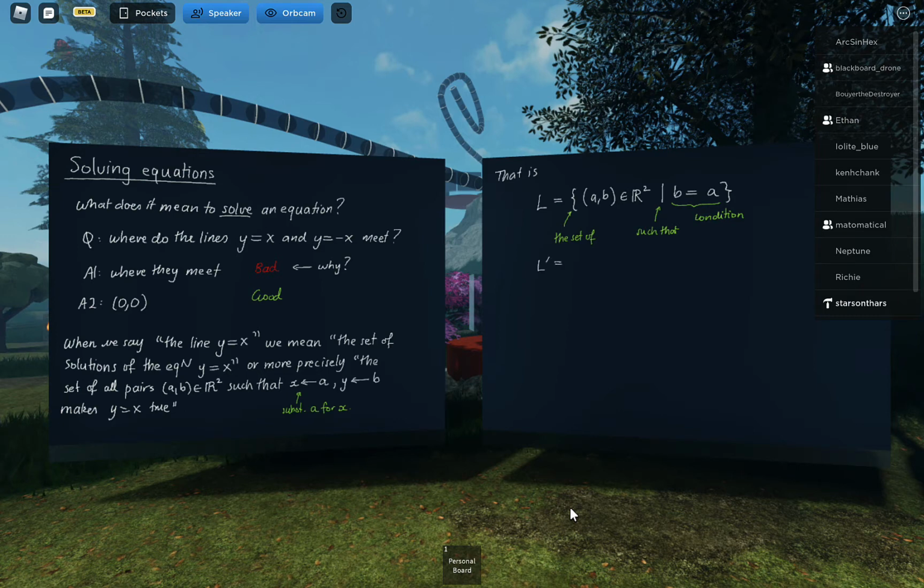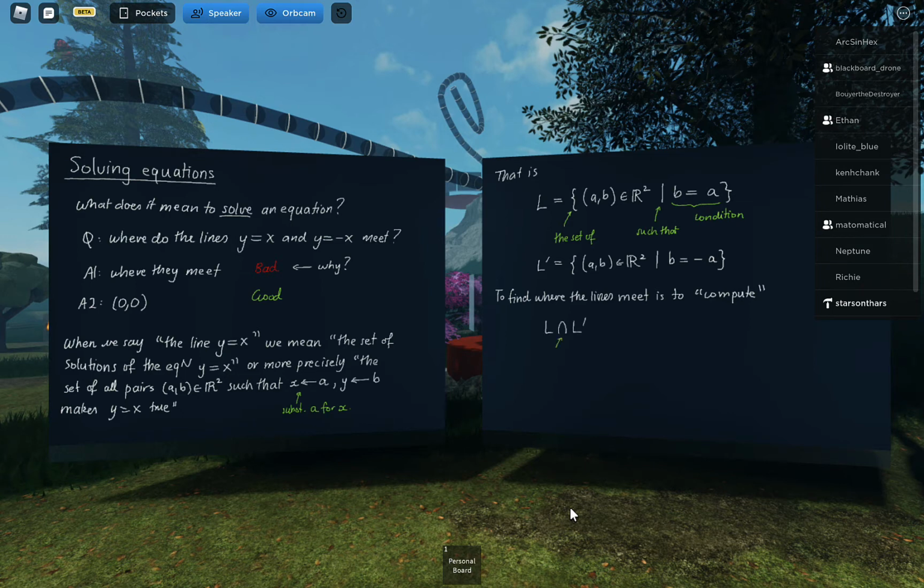And similarly, L prime is the set of solutions of the other equation, y equals minus x. So to rephrase the original question, to find where the lines meet is to kind of compute, whatever that means, the intersection.